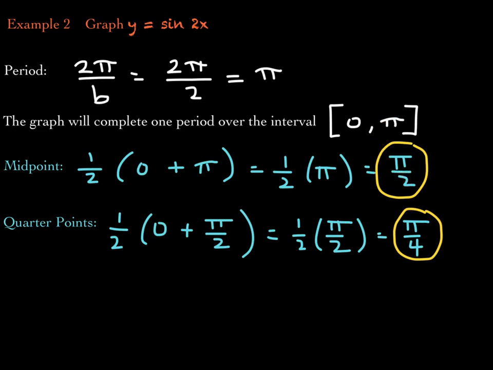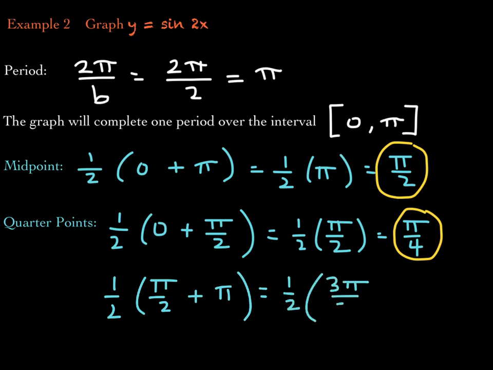So I'm going to go half of pi over 2, that's your midpoint, all the way to your right endpoint, which is pi. So it'll be half of pi over 2 plus pi. Remember, pi is really 2 pi over 2. So the sum of these two, with a little bit of fraction work, is 3 pi over 2. So half of 3 pi over 2 is 3 pi over 4. This is called your third quarter point.